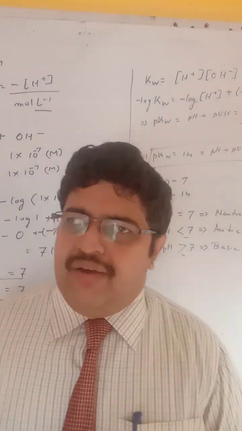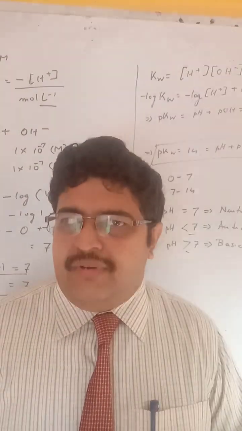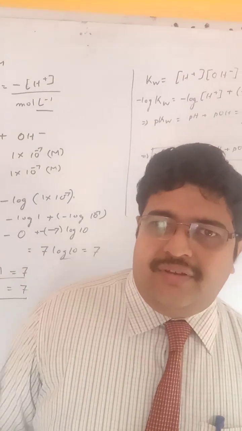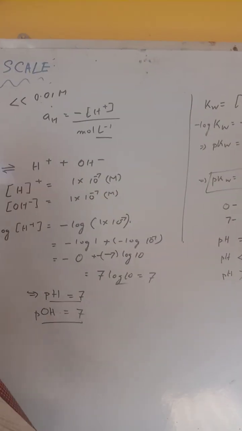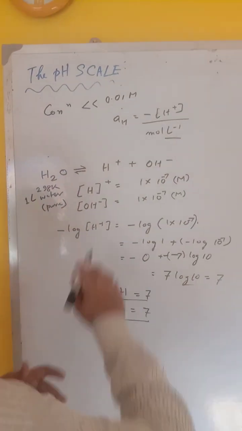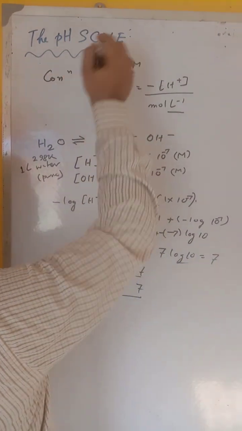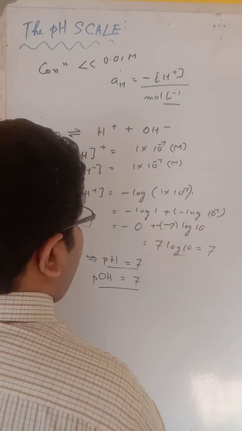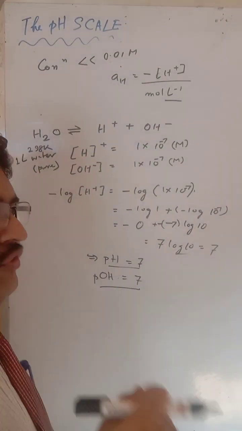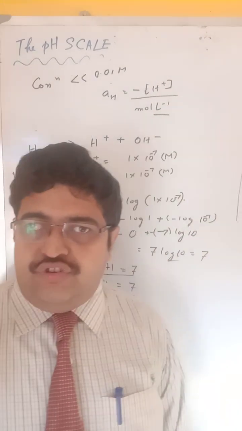So I hope I am clear with the topic in this 10 minutes demo. Again I repeat, what is pH? It is the negative logarithm to the base 10 with respect to the activity of hydrogen ion.